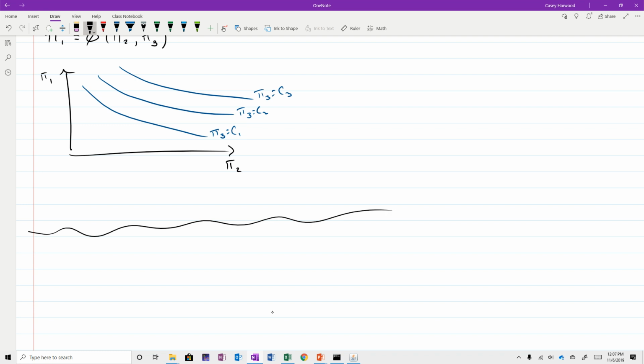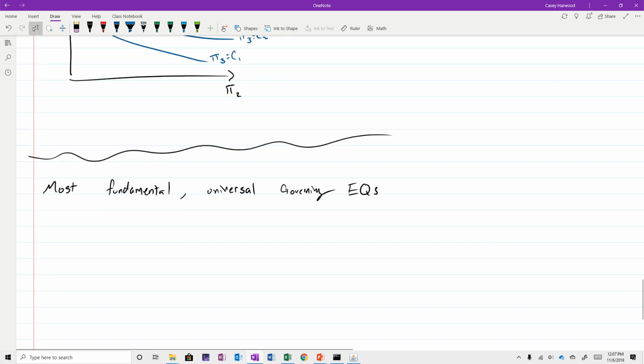The most fundamental and universal governing equations would be Navier-Stokes and continuity.